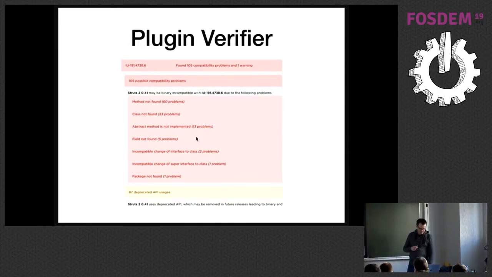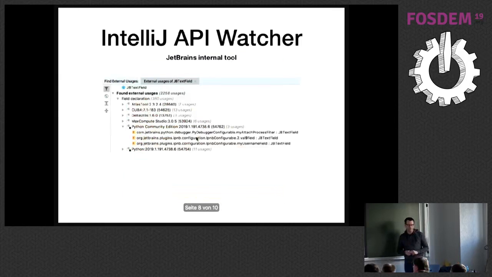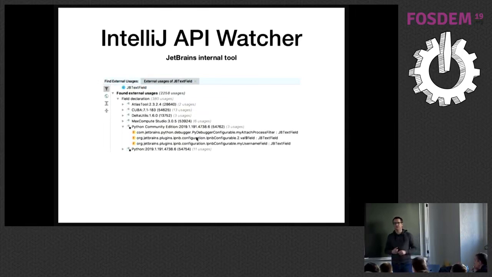And now I'm showing two screenshots of internal tools we use in JetBrains to highlight some of the efforts we do to ensure stability. So the first one is the IntelliJ API Watcher. It is basically a tool we run on all the plugins which are hosted on the plugin repository. So we know what people are using.